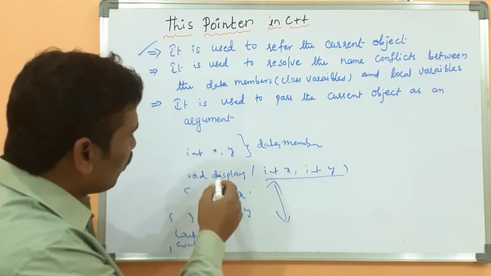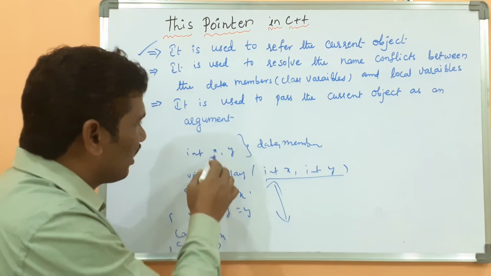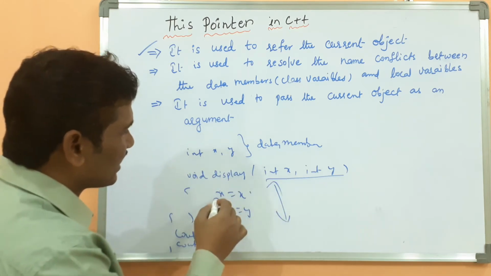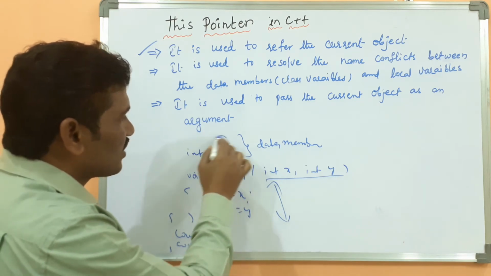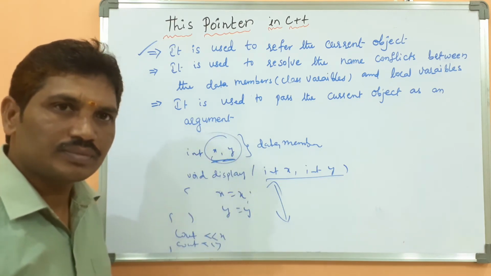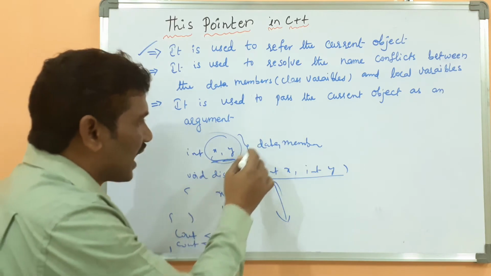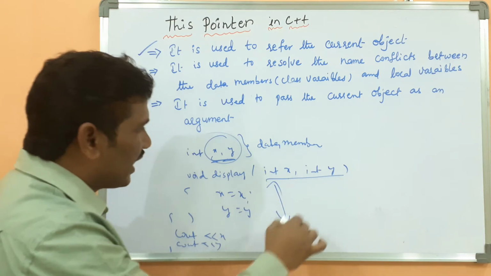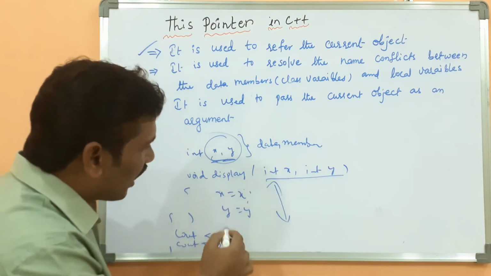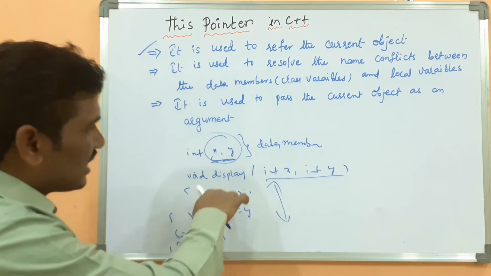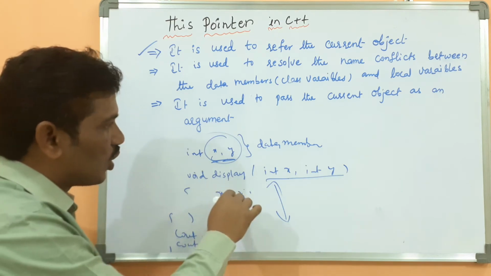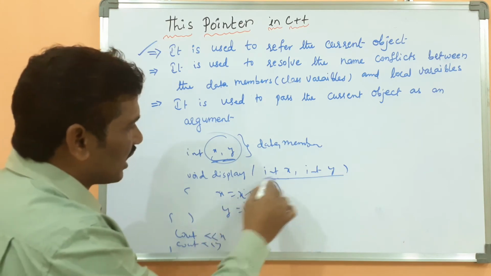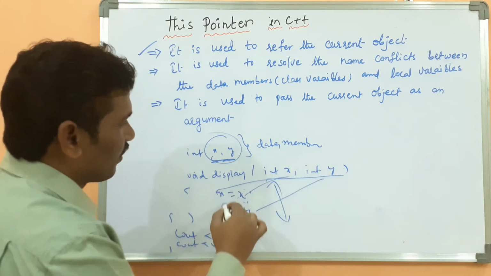Here, which x belongs to the class variable and data member? How does it point to the class variables or data members of a class? These are called x and y, the local variables. How do you differentiate which one is the data member and which one is the local variable? Both refer only to the local ones here.